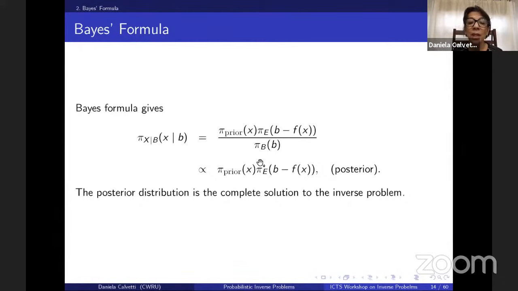Since we don't have any control on the probability of B in the denominator here, which is fixed anyway, usually we say that the solution of the inverse problem, which is the way in which we describe our unknown given the data that we have, is proportional to the product of the likelihood and the prior. And this is usually called the posterior. In Bayesian inverse problems, we usually say that the posterior is really a correction of the prior in light of the data that we have access to.